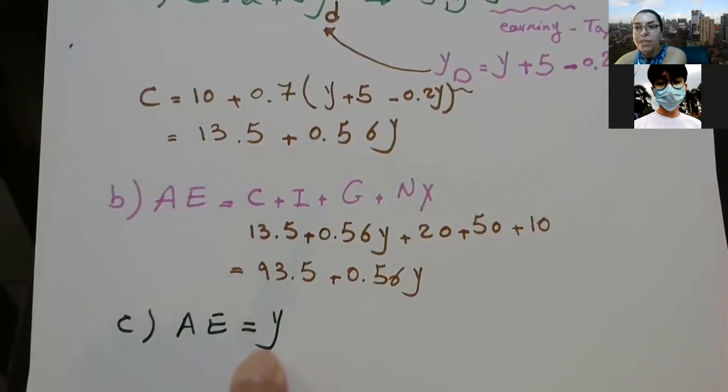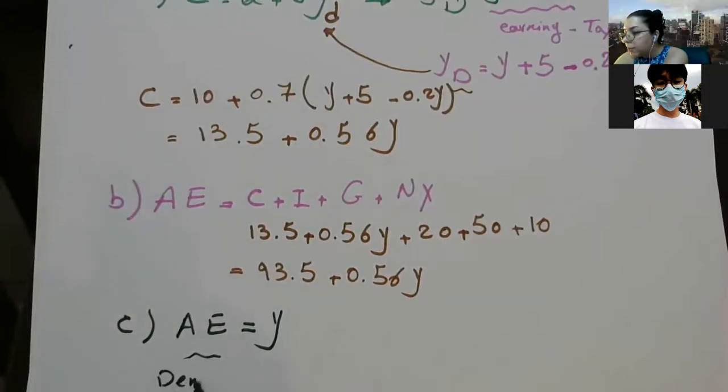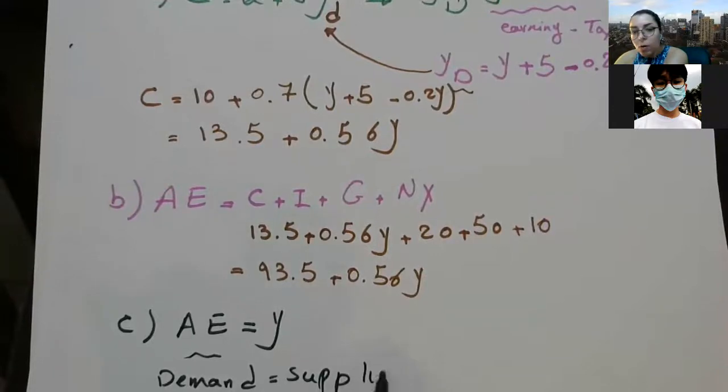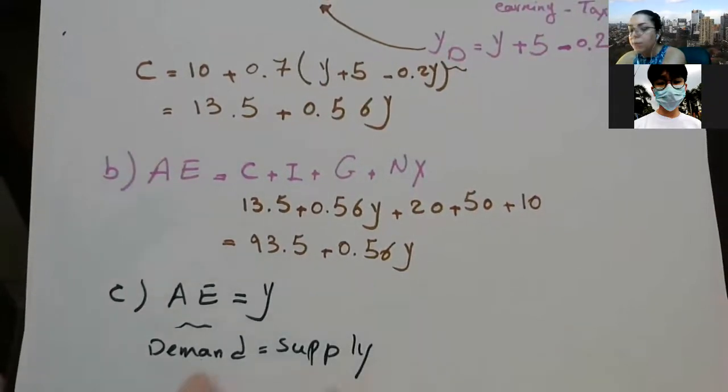Y is income, is GDP, is our supply. So in simple words, we are putting demand equal to supply. And that's always the equilibrium in the economy.